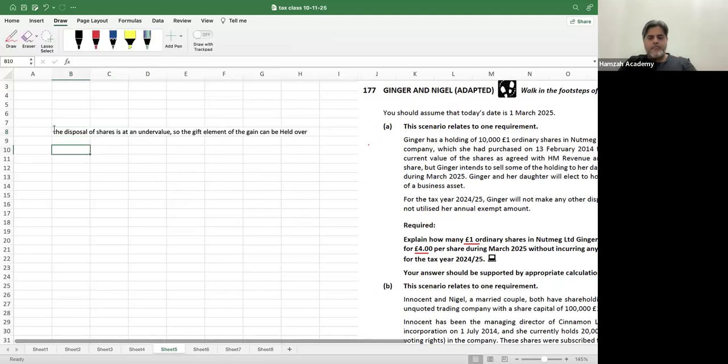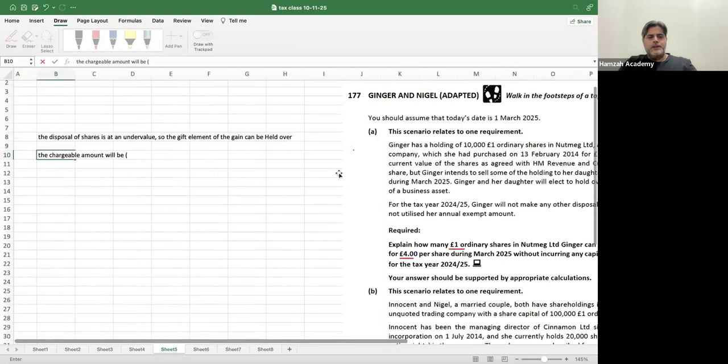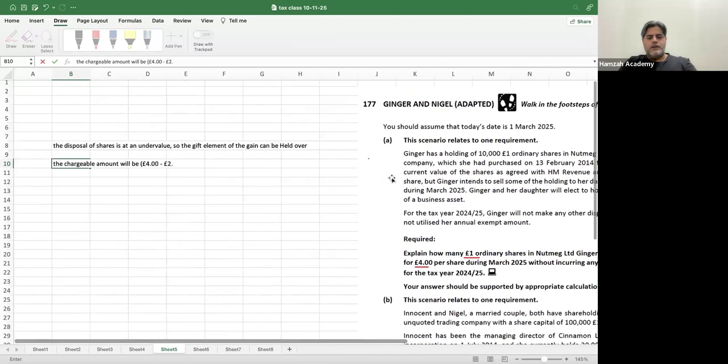And then the chargeable amount will be £4, the proceeds at £4 over here, right? Minus the purchase cost of 2.39. So 4 minus 2.39 per share. So the chargeable amount is going to be 4 minus 2.39 per share.